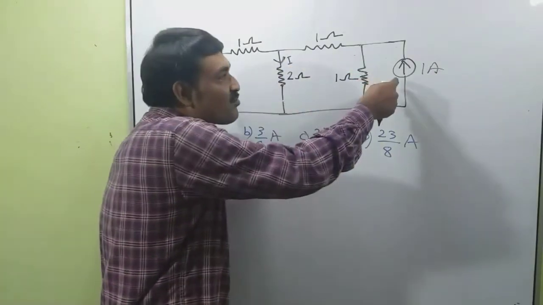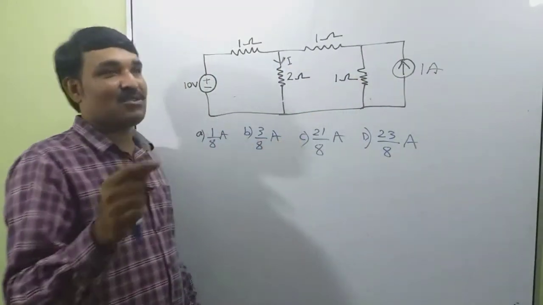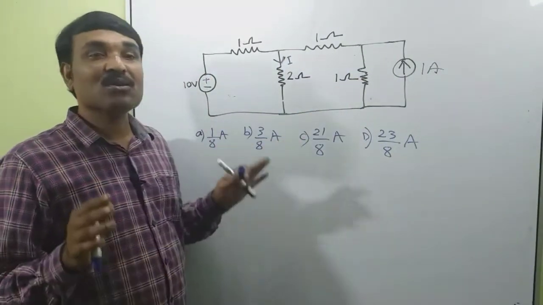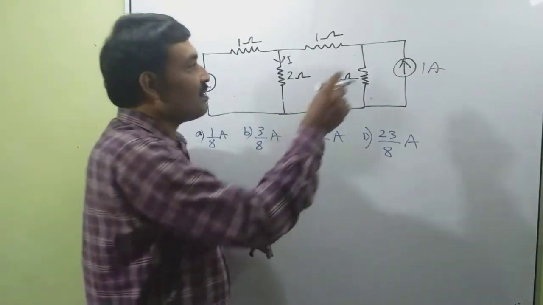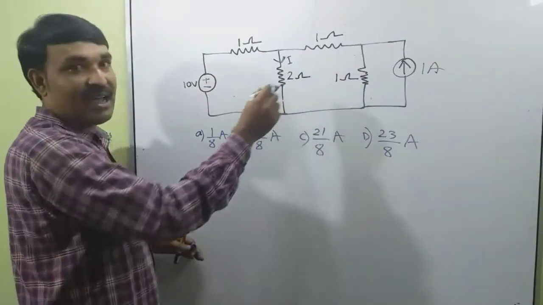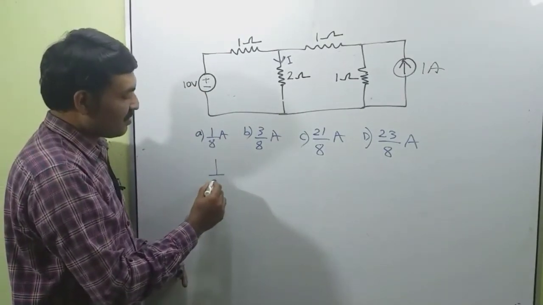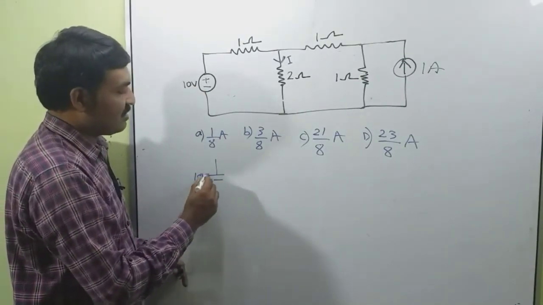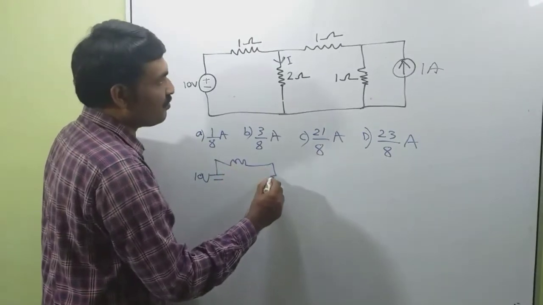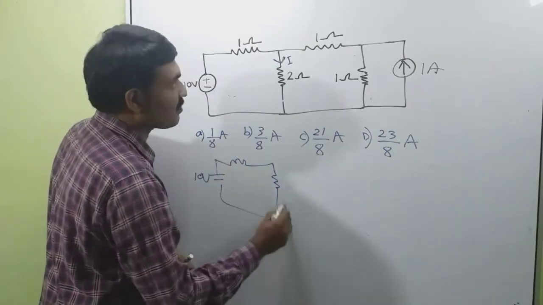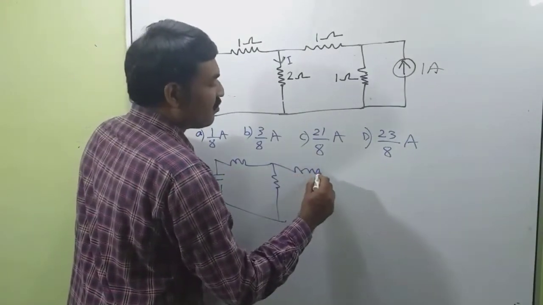So I am going to use a small transformation. I am going to transform this current source to a voltage source. So how will this circuit look? So I can redraw the circuit as this voltage source 10 volt, 1 ohm, 2 ohm, then 1 ohm.